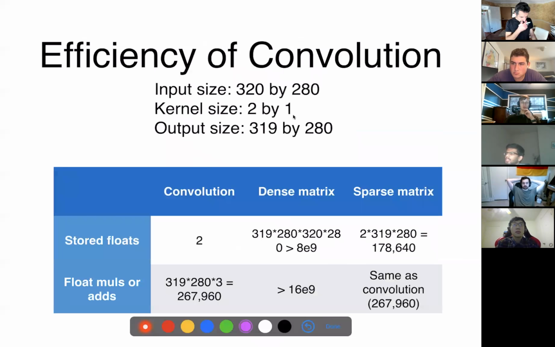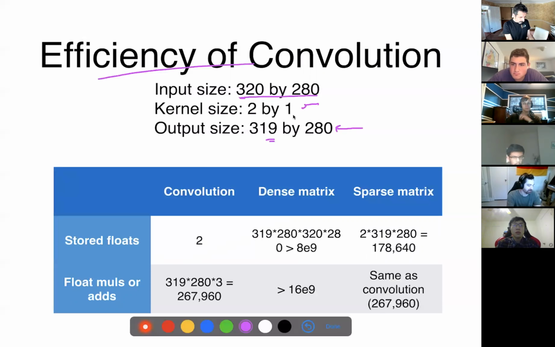Think about the efficiency of convolution. Imagine an input size of 320 by 280, and you have a kernel size of 2 by 1, and this is your output size. You can imagine why you have 1 here, because of this kernel size 2.